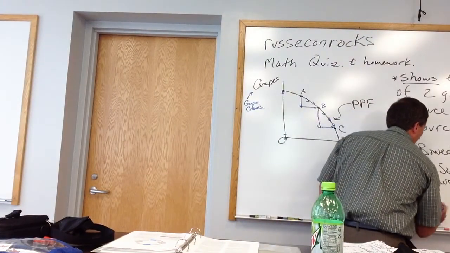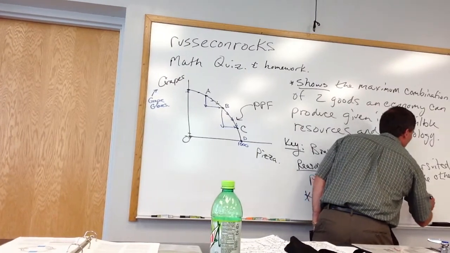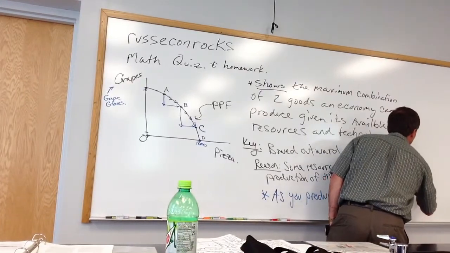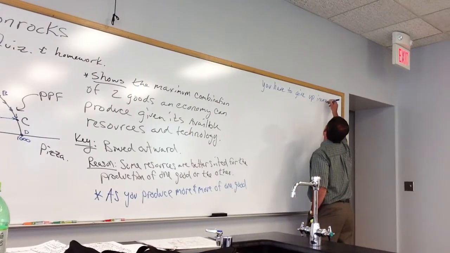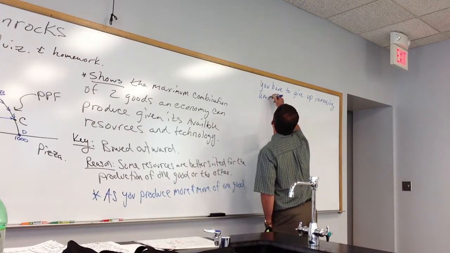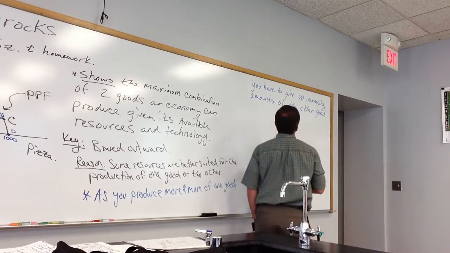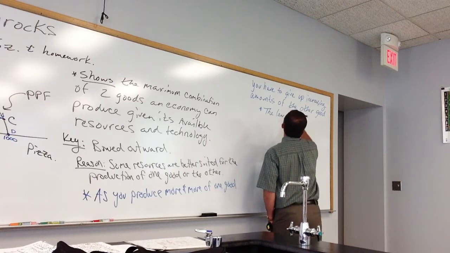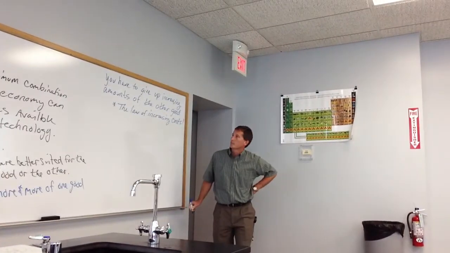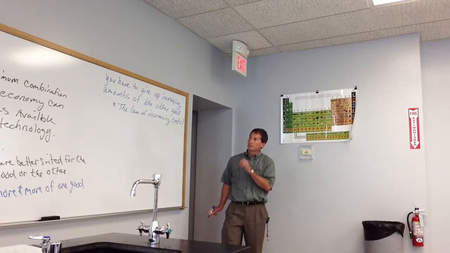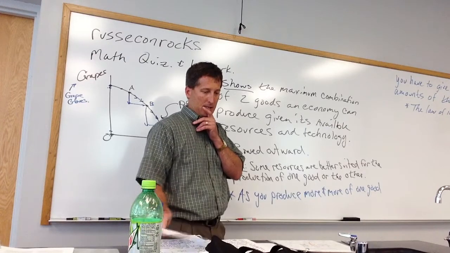So as you produce more and more of one good, you have to give up increasing amounts of the other good. So this is the law of increasing costs.